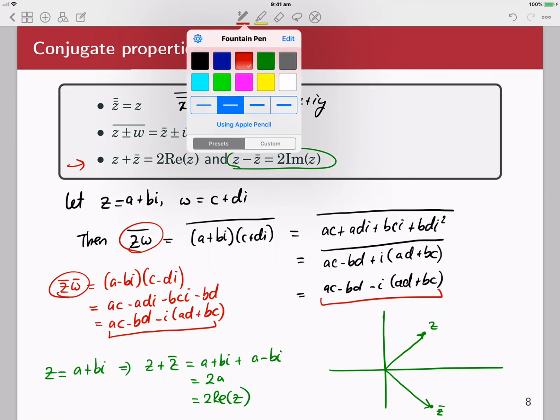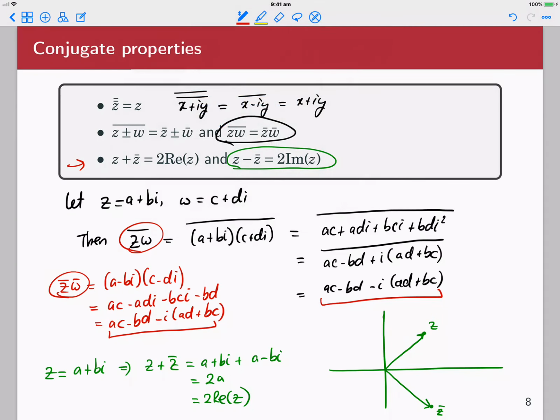And in case you're not familiar with vector addition, basically the idea is you can kind of move it. So this would come here, this would come here, right? So this would be the sum, z plus z conjugate. And as you can see, it's a purely real number.